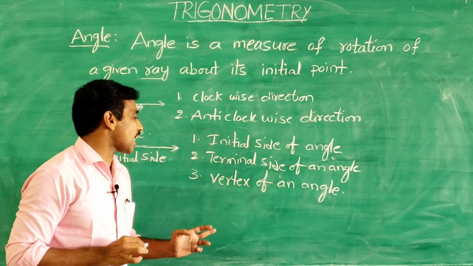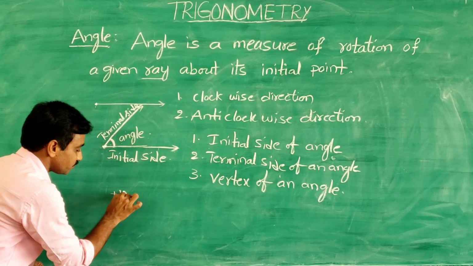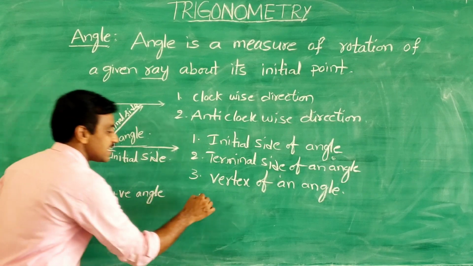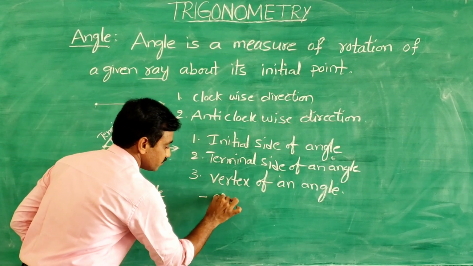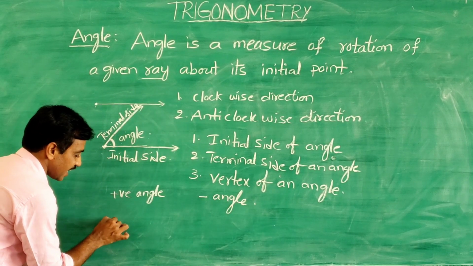Now we will learn about the positive angle and negative angle. This is positive angle. This is negative angle. Now I take a ray here.